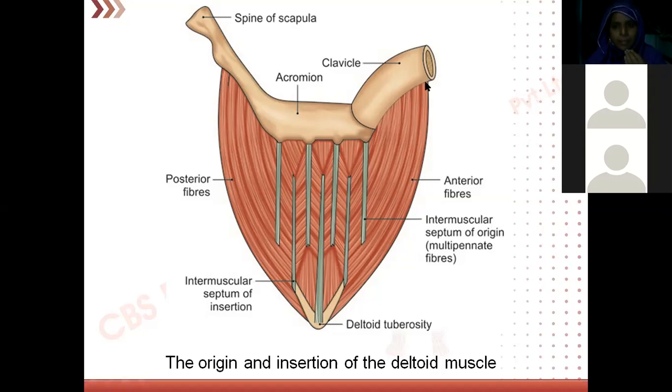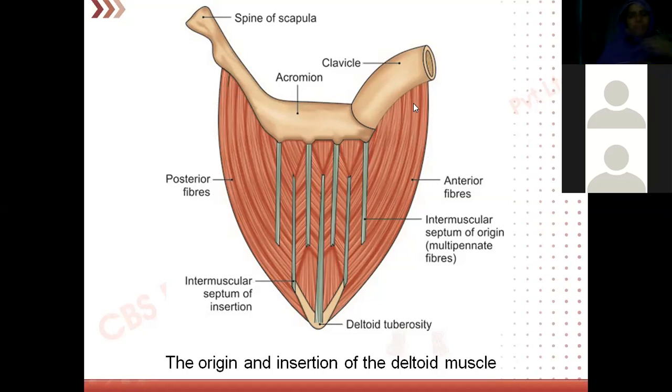Then the whole of the acromion process, the lateral border of the acromion process, this one. This becomes medial and this becomes lateral. And then this is the spine of the scapula. I told you this is the upper lip and this is the lower lip, so it comes from the lower lip of the spine of the scapula.